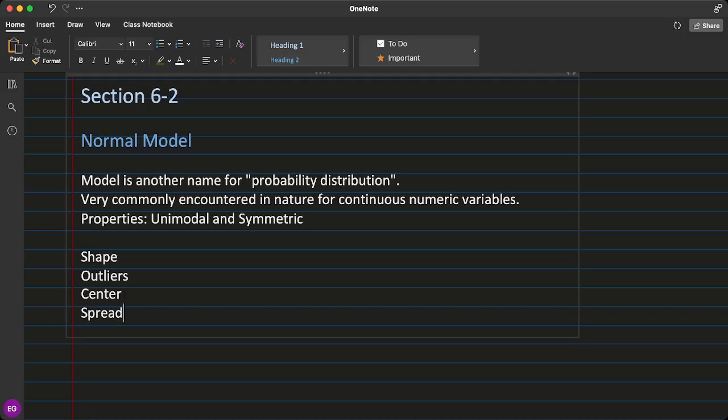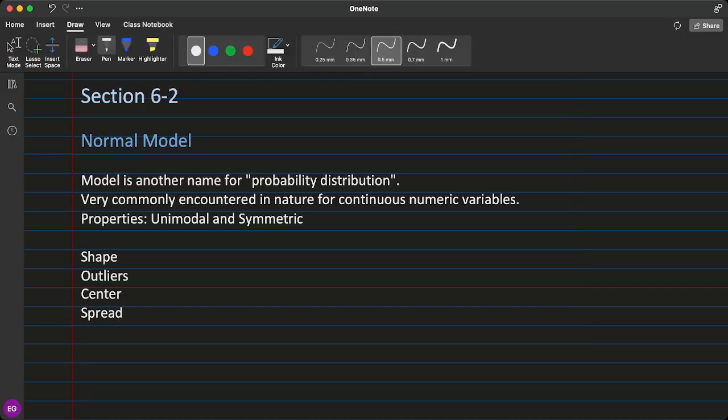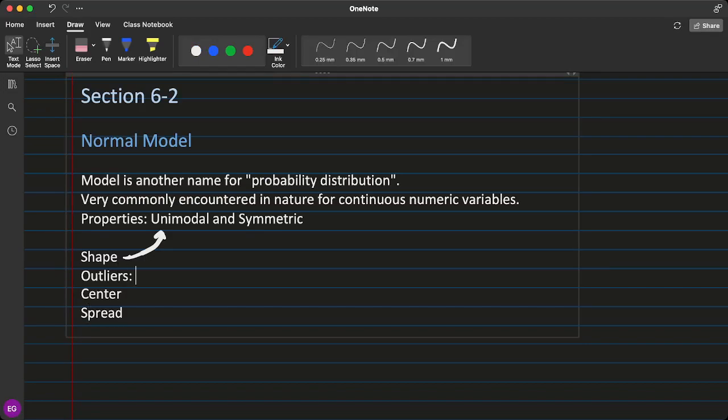We've already looked at shape. The shape of normal distributions is unimodal and symmetric. Normal distributions should have no outliers in general. So when you look at a histogram for something you think might be a normal distribution, it should appear roughly unimodal and symmetric, and there shouldn't be any outliers.